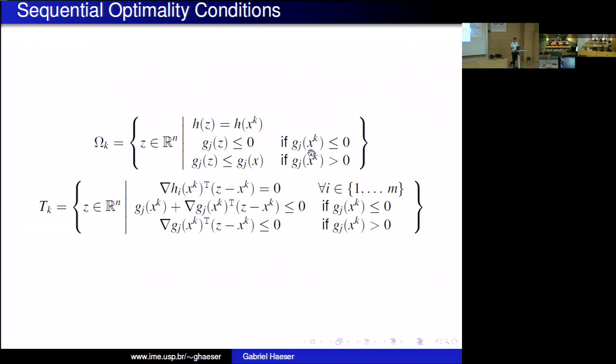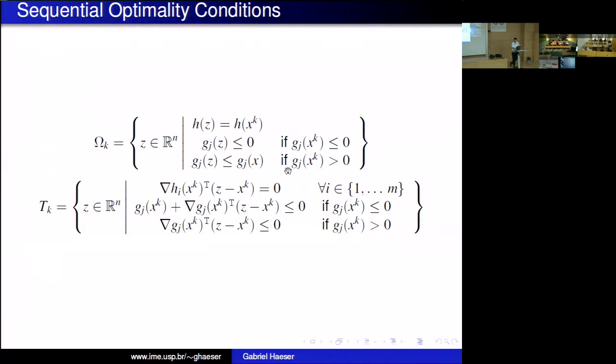And in the next iteration, I want to keep this same value. So I want to look at the points z such that h of z is the same as before. And for the g's, I have something like this. If at xk, gj of xk was feasible, my z's should remain feasible.